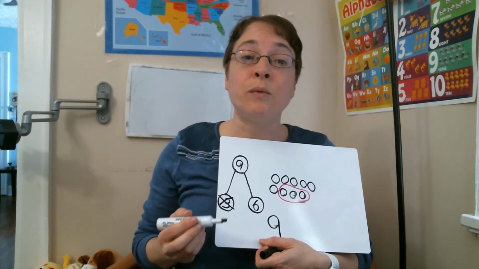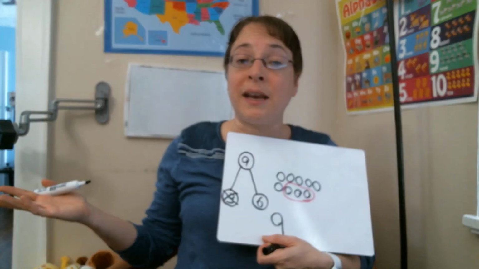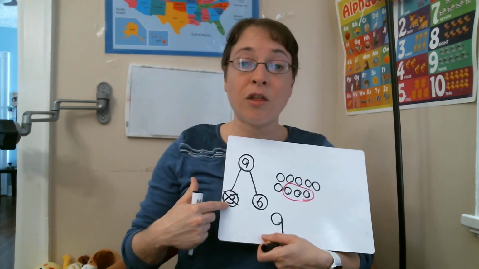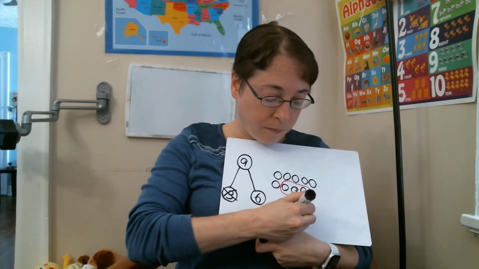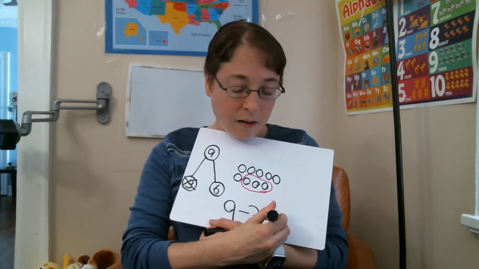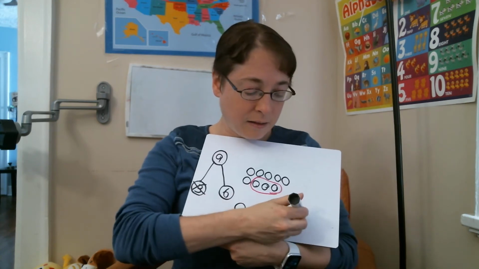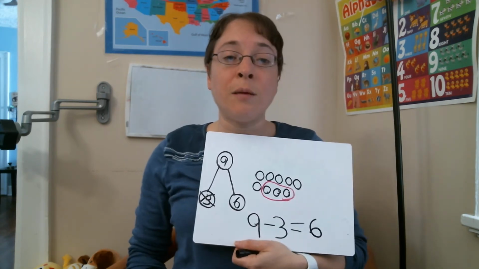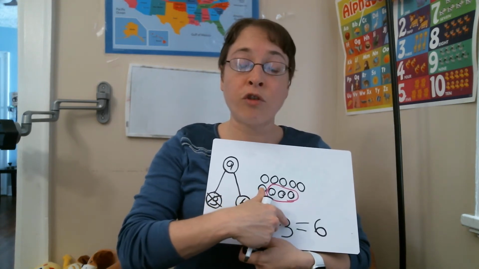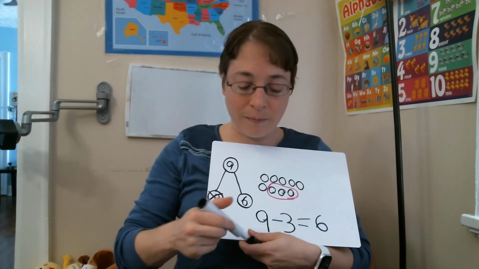Then how many do we take away to find out how many are not green? We take away 3. And then how many are not green? 6. So here's our number sentence. 9 take away 3 equals 6.